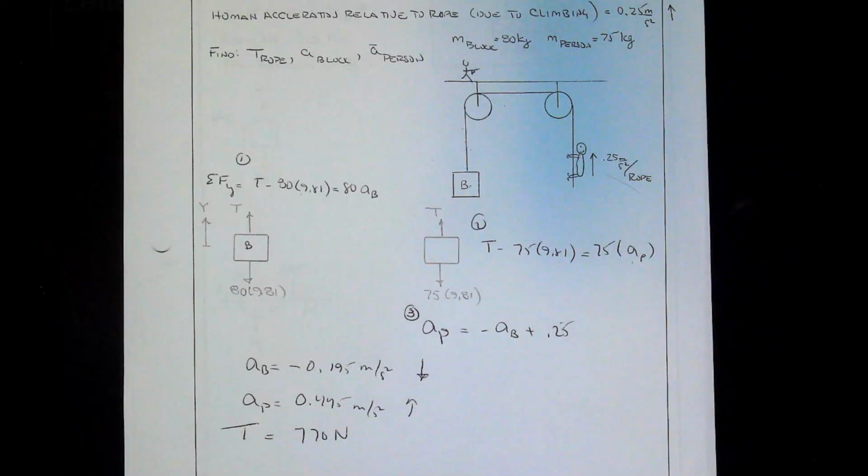If we sum the forces in the y, we have T minus 80 times 9.81 equals mass, which is 80, times the acceleration of the block, which I'll call AB. So there's equation 1. Now the person, which I've drawn as a block, because once you draw this, you just can't beat it. All right? So here we have T minus 75 times 9.81.